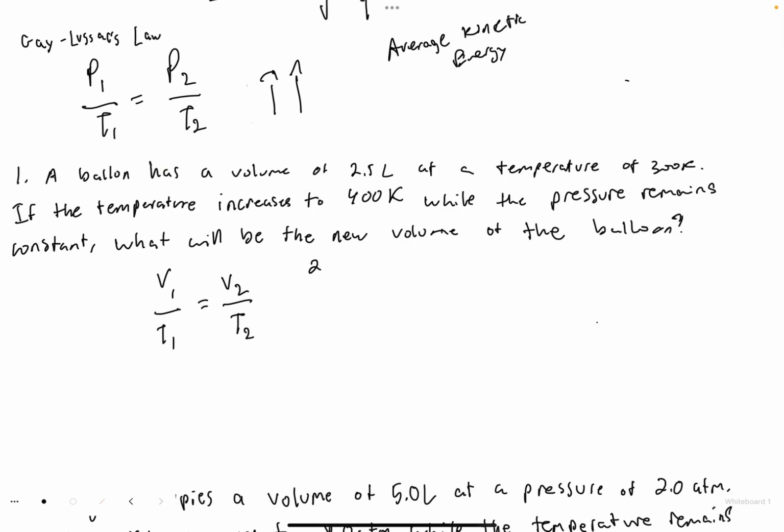So V1 is 2.5 over 300 equals V2, which we are trying to find, over 400 Kelvin. So that would be 1,000 equals 300 V2. And so that would be around 3.33 liters for V2.